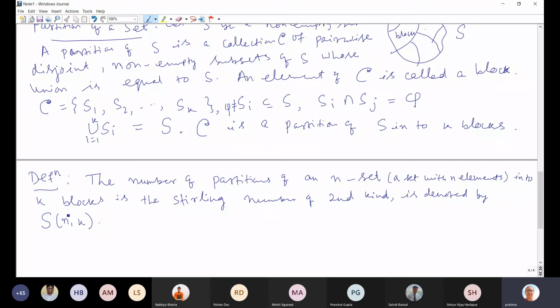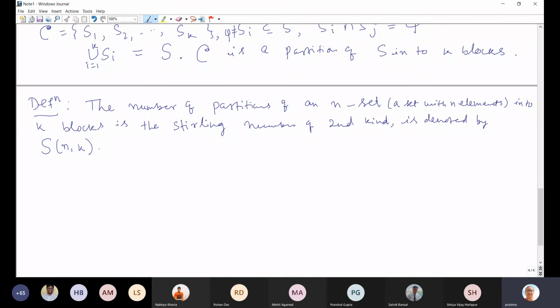Well, so tell me, for example, let me give this example. What will be the value of, say, I'll ask you to find the value of S(4,3)? What is S(4,3)? So here we shall take a set, say X is {1, 2, 3, 4}.